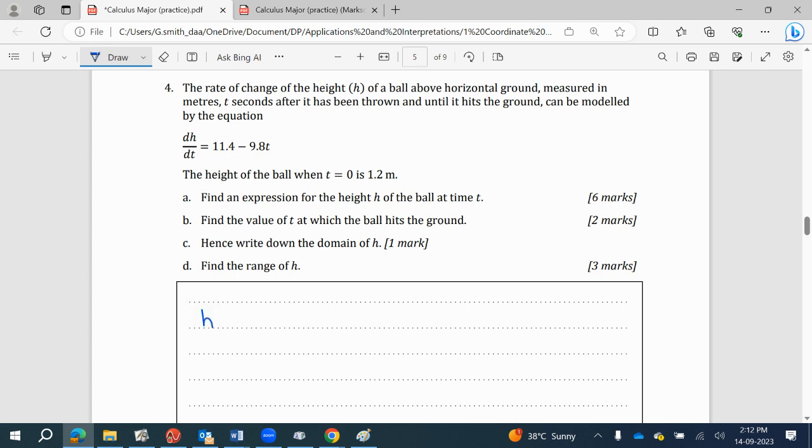So h is equal to the integral of dh/dt, which is 11.4 minus 9.8t, with respect to time. If we integrate this, we're going to get 11.4t minus 4.9t squared plus c.